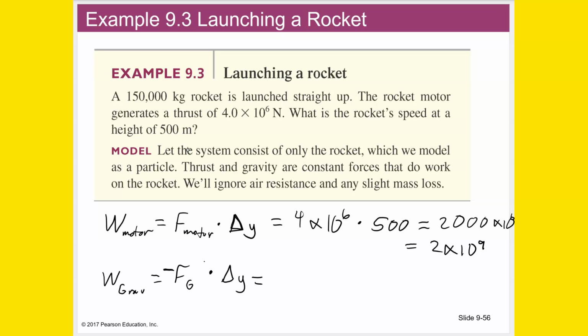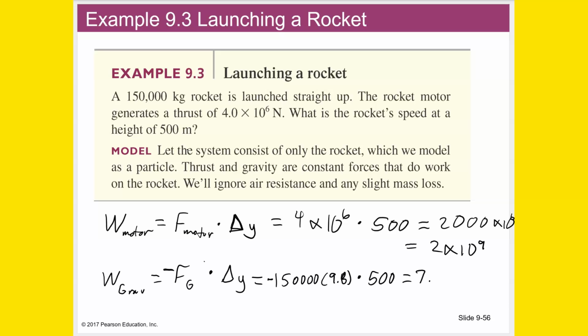Work done by gravity: what is the force of gravity? It's mg, 150,000 times 9.8, and then times delta y also, which is 500. We're going to make this negative because it's pointing opposite to the direction of the displacement.